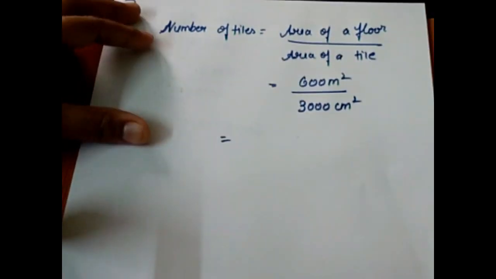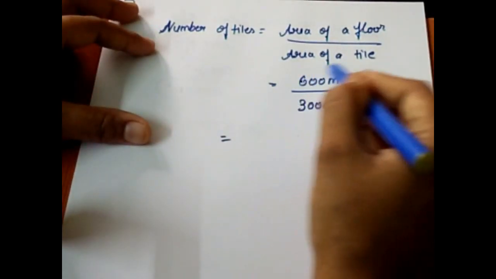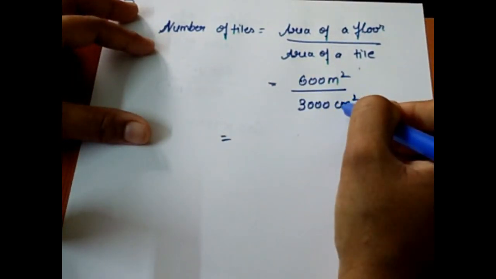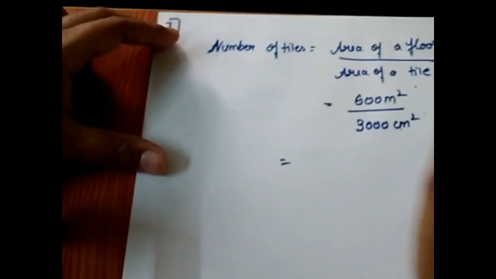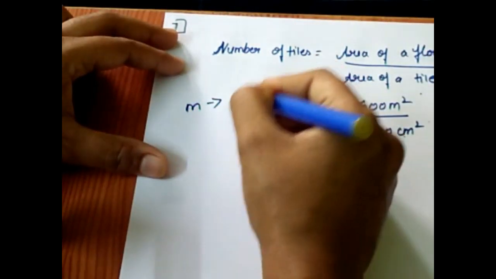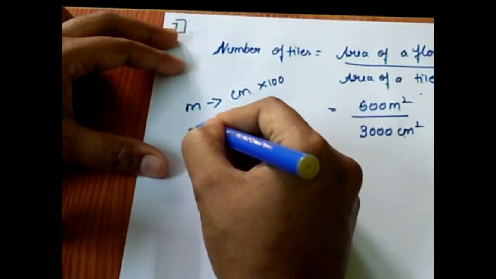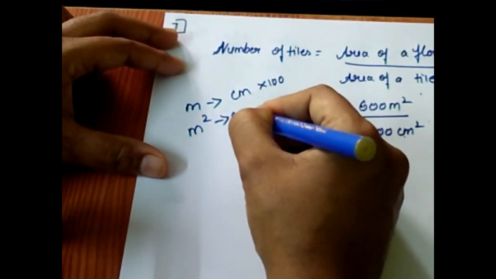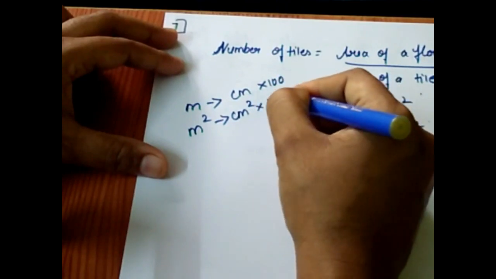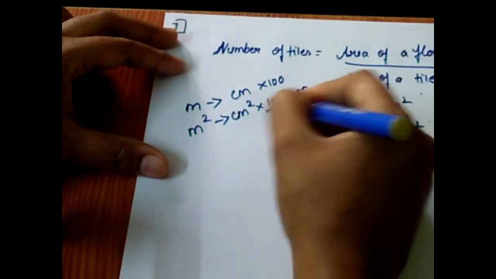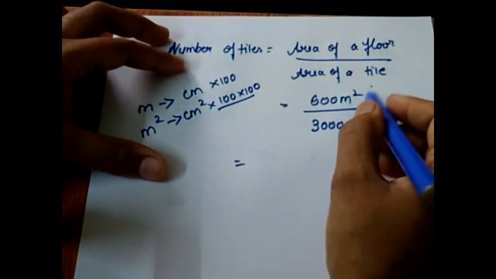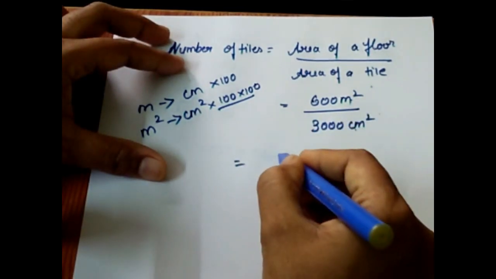So in this case, one is expressed in square meter, the other in square centimeter. When you convert meter to centimeter, we multiply by 100. But when you are converting square meter into square centimeter, you need to multiply by 100 twice.